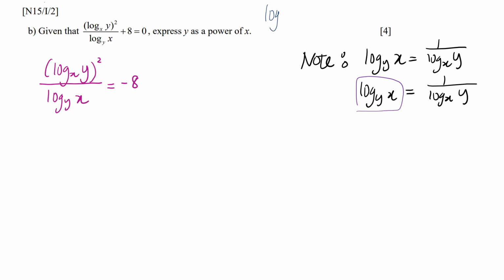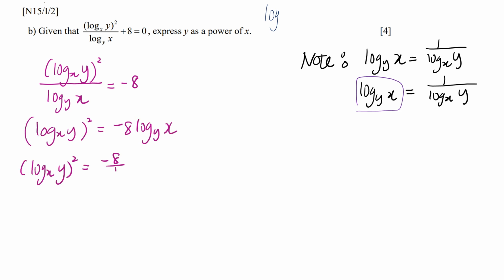Let me explain why. It's to make all of it have base x, in the same form. And then the next thing is I'm going to use substitution to make it more manageable and to convert it into a quadratic equation.